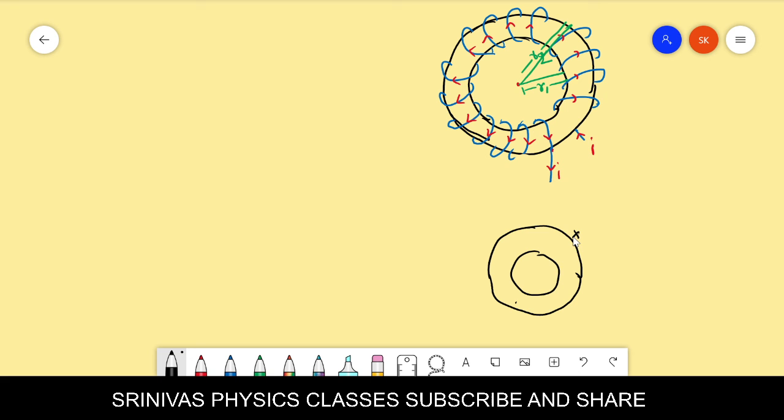That's why outside we write cross points, because the current is entering, coming out from this point. Dot indicates outward current. Cross indicates inward current.